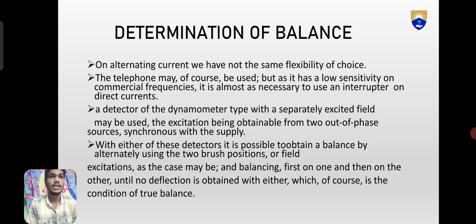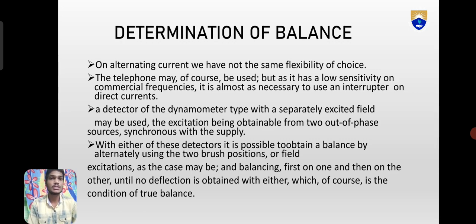On alternating current, we have not the same flexibility of choice. The telephone may, of course, be used, but as it loses sensitivity at commercial frequency, it is almost as necessary to use the direct current type of galvanometer with a separately excited field. The excitation is obtained from two out-of-phase sources in step with the supply.